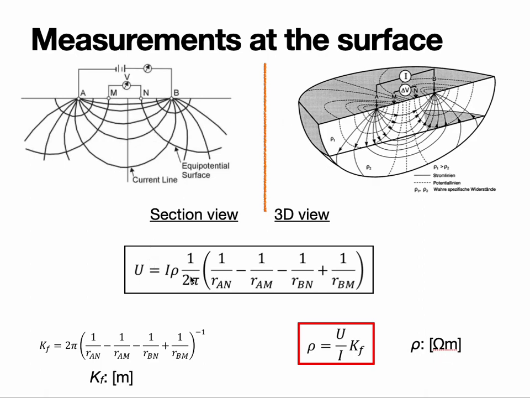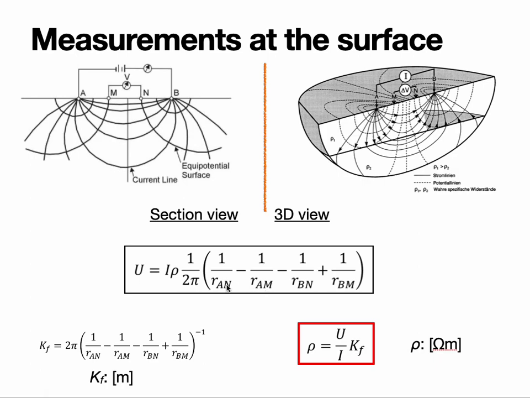So in practice, you will have a system with 2 measurement electrodes and 2 injection electrodes, and to measure tensions, now you need to involve a system with all these different points. So you need to know the radial distance between A and M, A and N, but also the distance between B and N, and B and M. And effectively, U can be computed using all these distances.